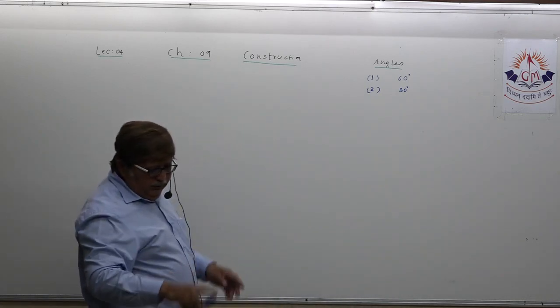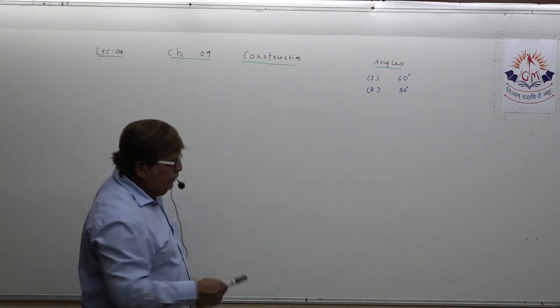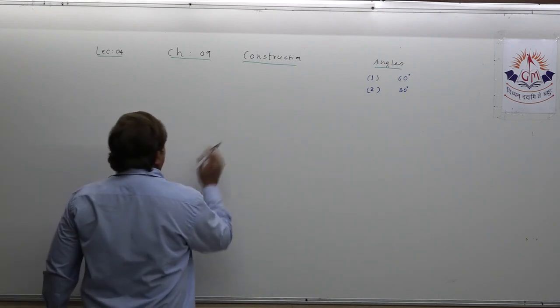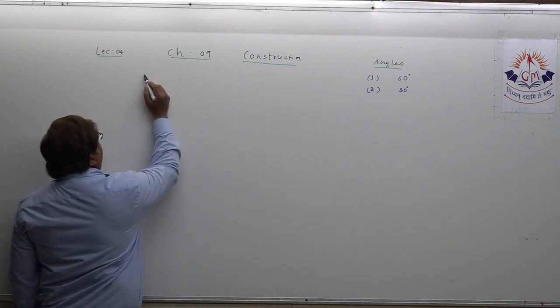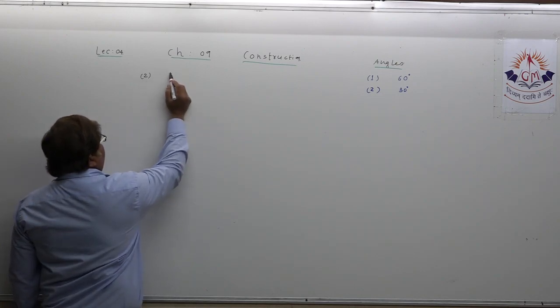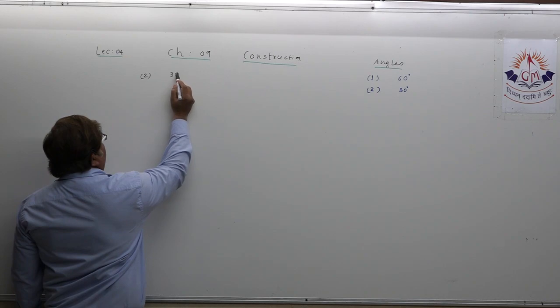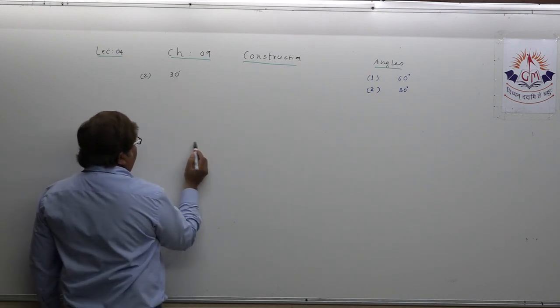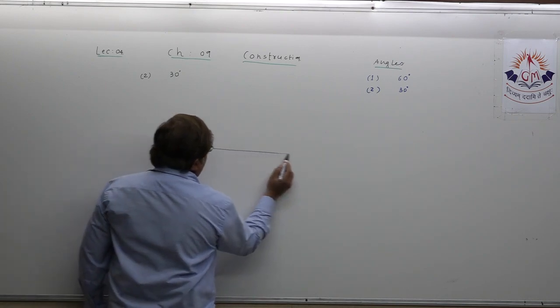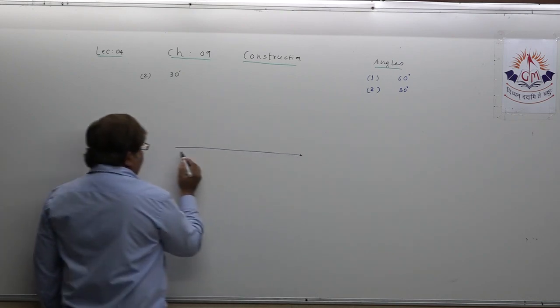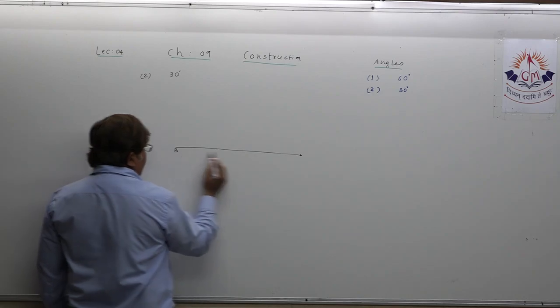To construct an angle of 30 degrees, first we have to construct the angle of 60 degrees. That is compulsory. First you draw any ray, let it be ray BC.